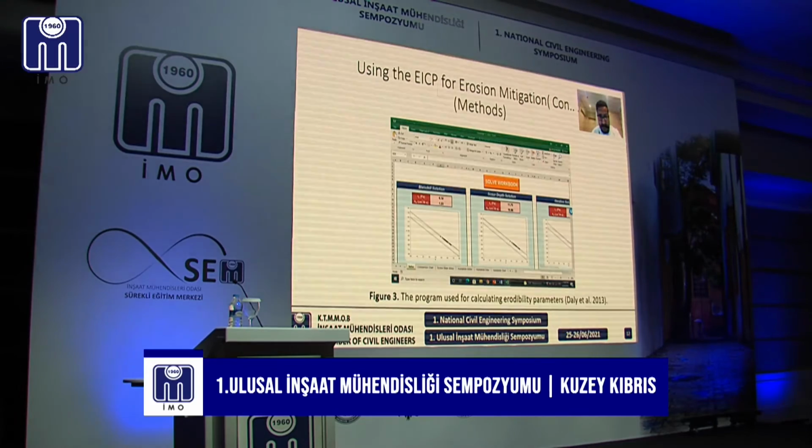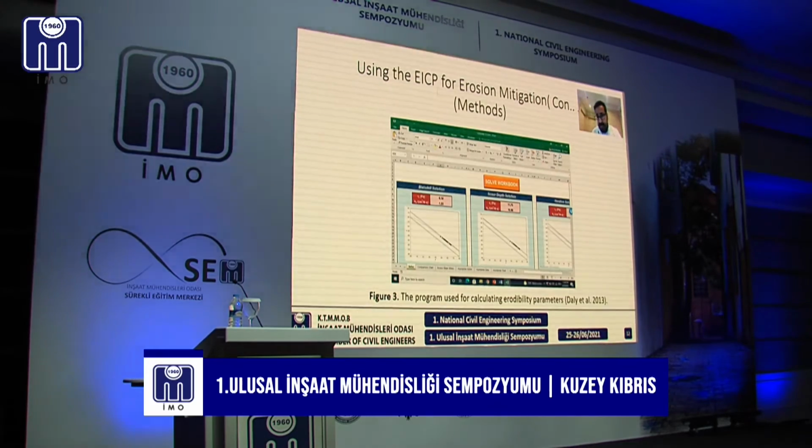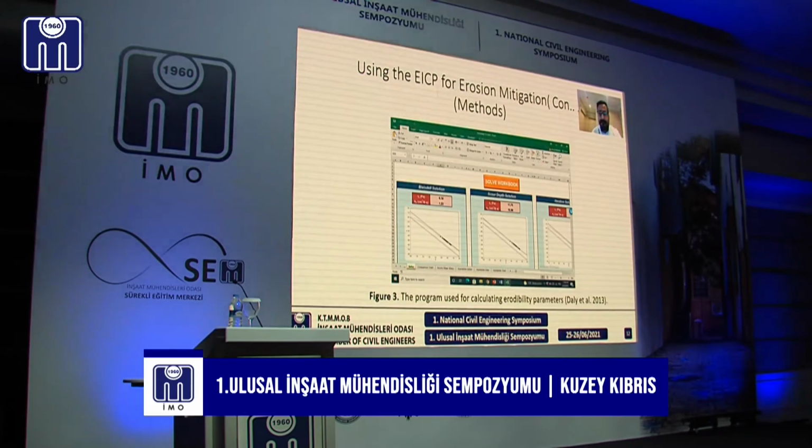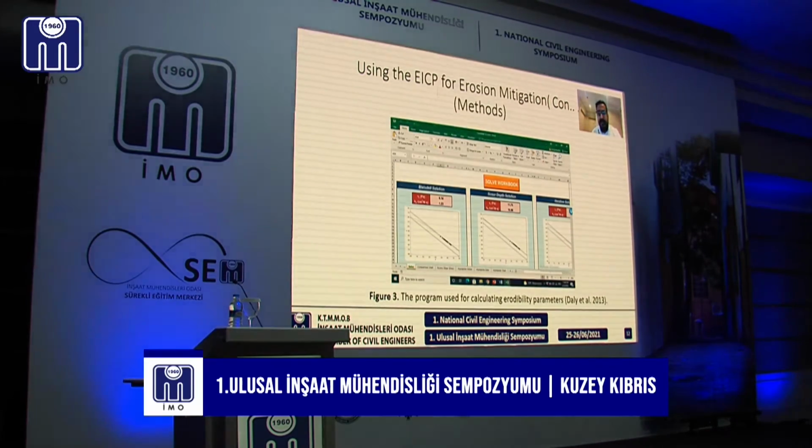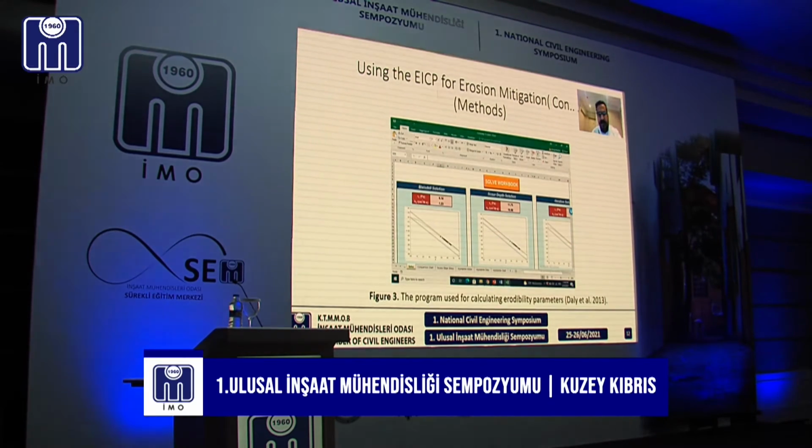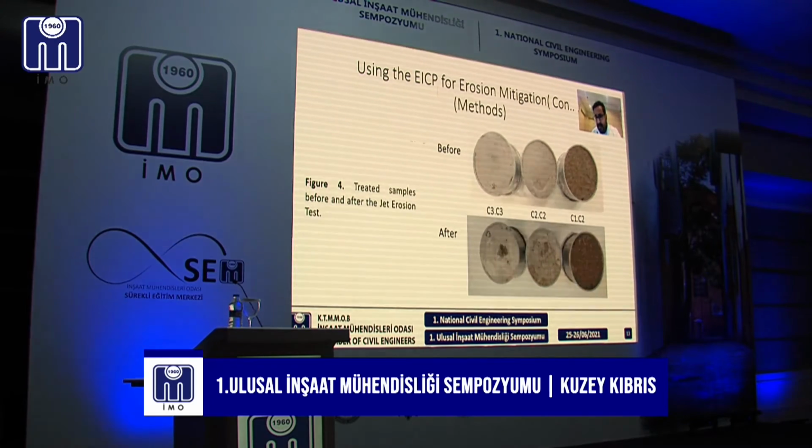They built that model using an Excel sheet program. I contacted Dr. Fox from North Carolina University, and they sent me this program. They also told me they will send me an updated one, maybe by the end of this year after finishing their work.